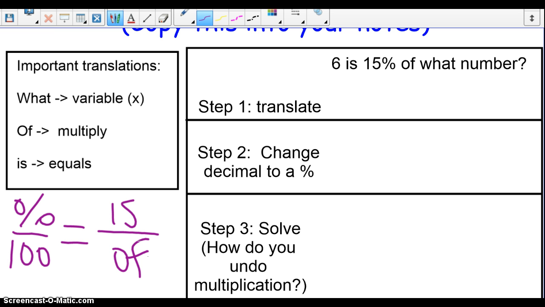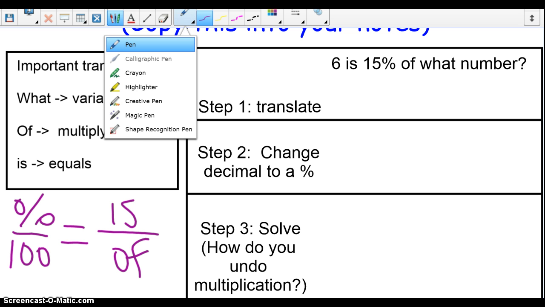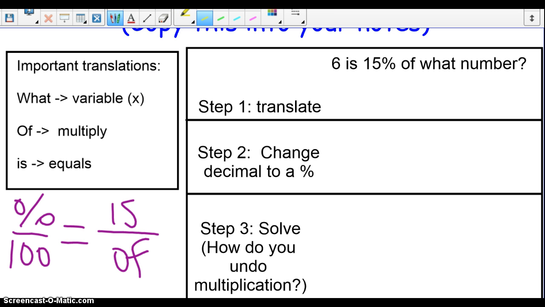But there's also another way to do it, and I think this is how you did it last year. You did equations. So in order to do it the equation way, we still use the is and the of, but we need to learn to translate things. When you see the word what, you're going to translate that into a variable.